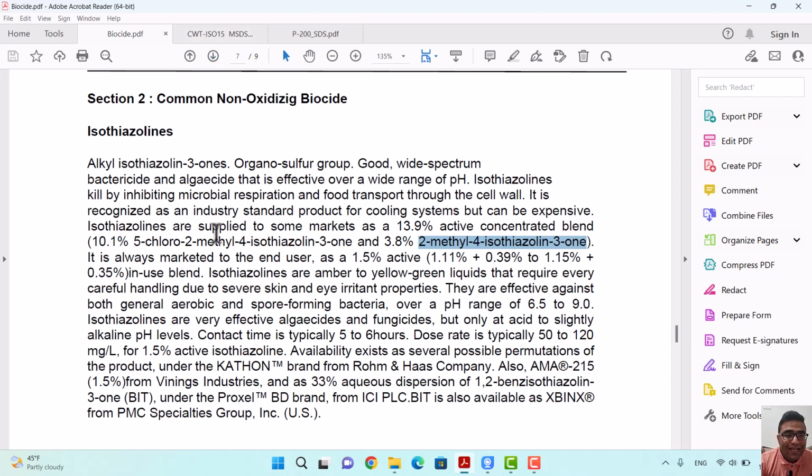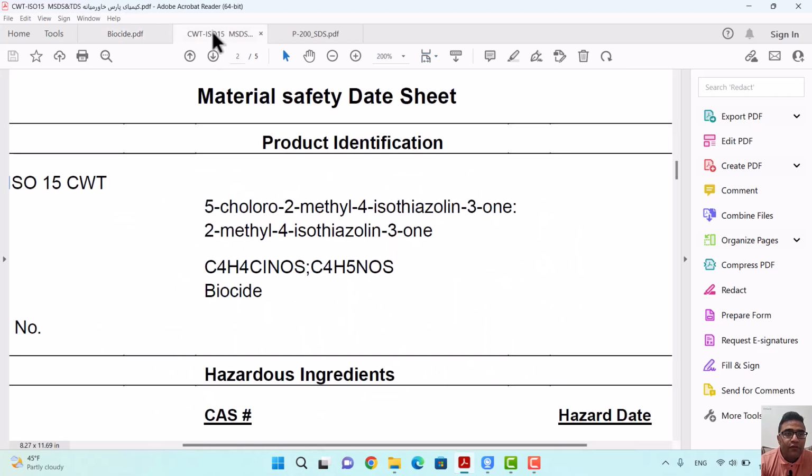I want to show you that around the globe this formulation is constant, and there is no change in isothiazoline formulations from manufacturer to manufacturer. They all use these components, but the percentages might change a little. For instance, for this manufacturer, as you can see, 5-chloro-2-methyl-4-isothiazolin-3-one plus 2-methyl-4-isothiazolin-3-one.